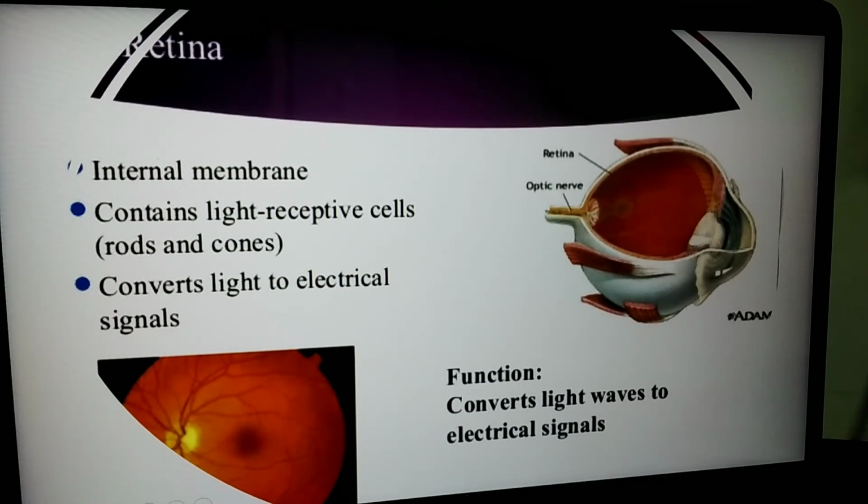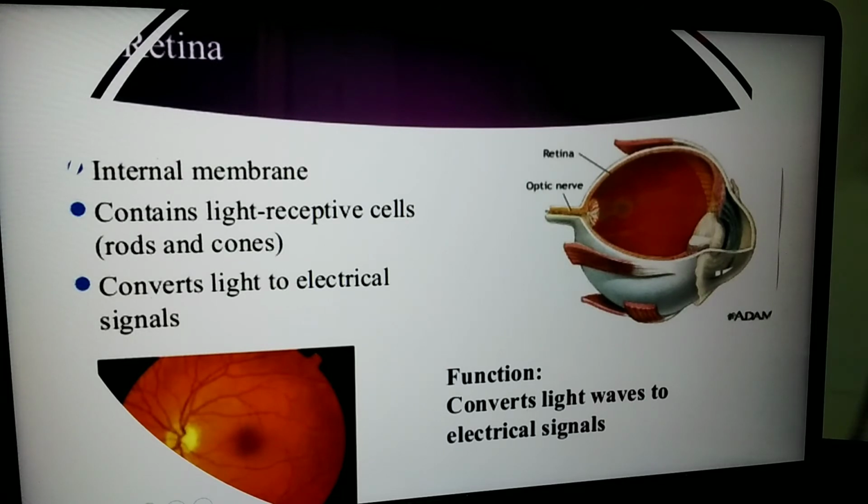Retina, the internal membrane which contains light receptive cells, that is rods and cones. It converts light energy to electrical signals. The main function of the retina is to form the real image on it.